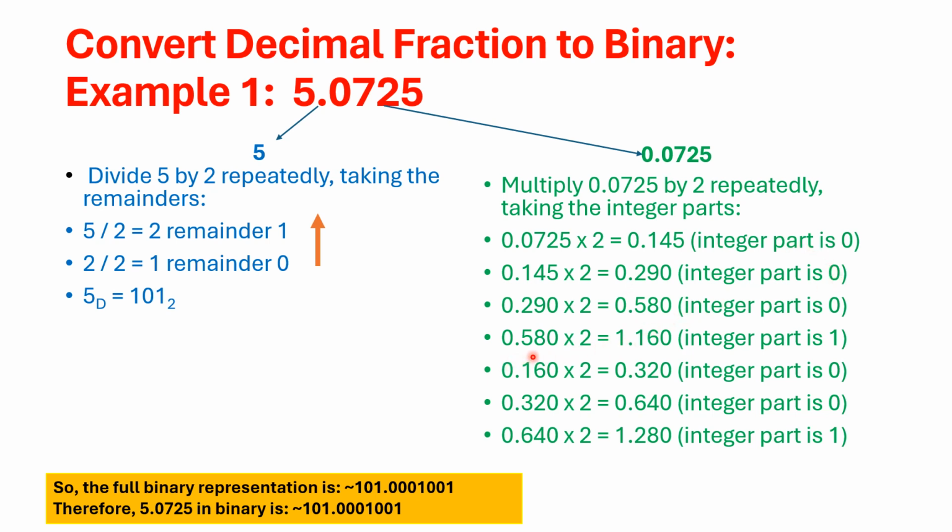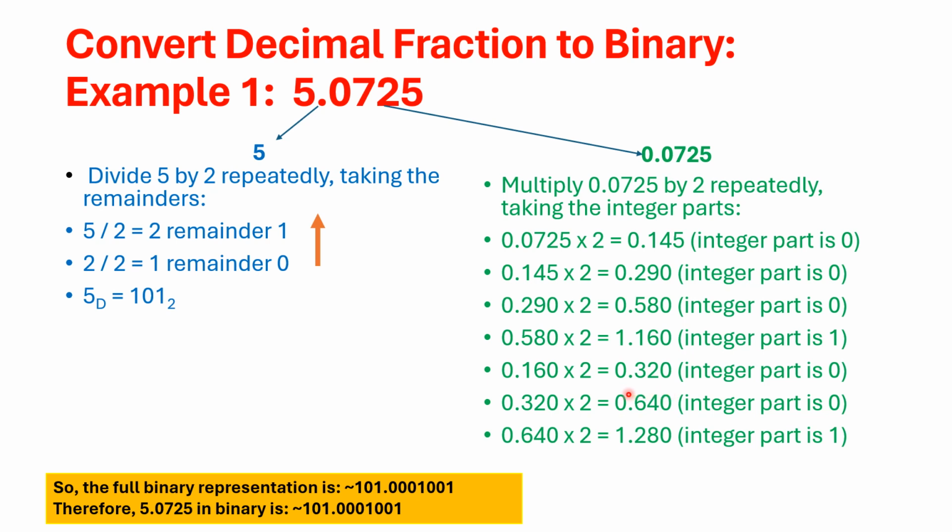Now 0.580 multiplied by 2, our answer is 1.160. This time, our integer part is 1. So we write the integer 1 here, and our fraction part is 0.160. So we multiply 0.160 by 2, which is equal to 0.320, and our integer part is 0.